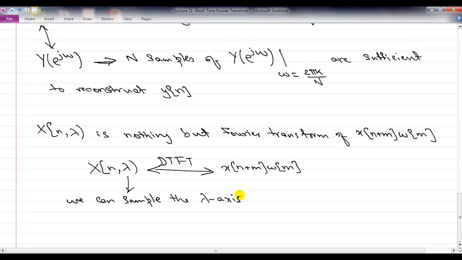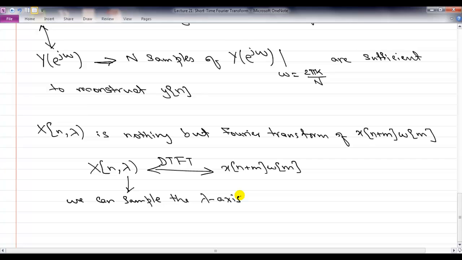So if we want to now sample X_n(λ) in the lambda axis, forget about n for the time being because n is fixed. This thing is a function of two variables, but I'm fixing n. So I'm only talking about a Fourier transform for a fixed n. It's just a Fourier transform of a discrete sequence. And I'm saying I want to sample that Fourier transform.